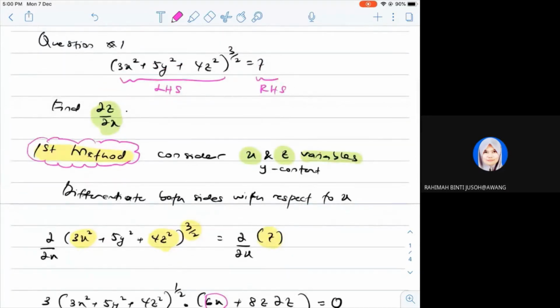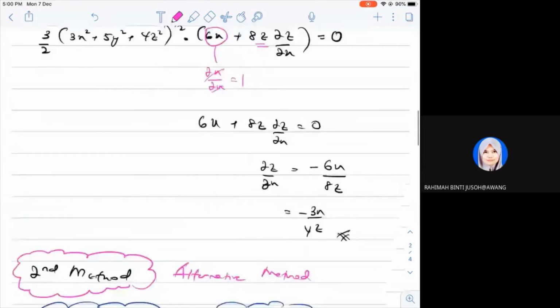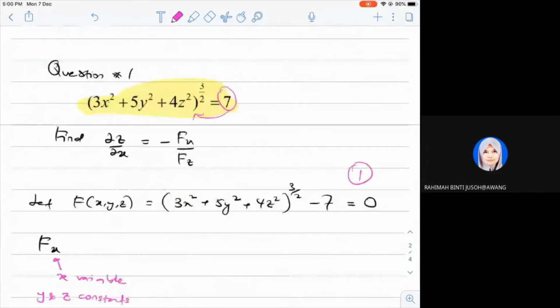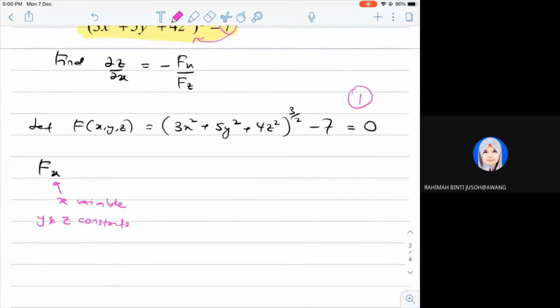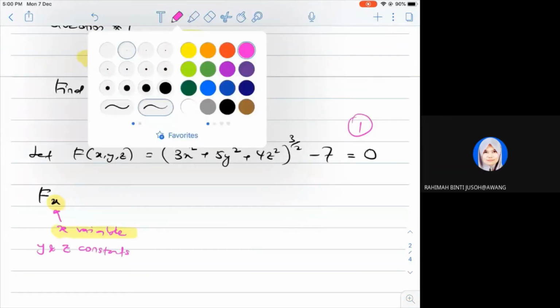Sebab tadi you kena consider dua variables ni, x dengan z jadi variables. So it's complicated sebab nanti you akan ada product rule whatsoever. But now for this case, by using the second method, only one variable. Okay, hanya x saja variable, depends on the alphabet here lah. Okay, kalau fy differentiate tak ada y, y lah variable.